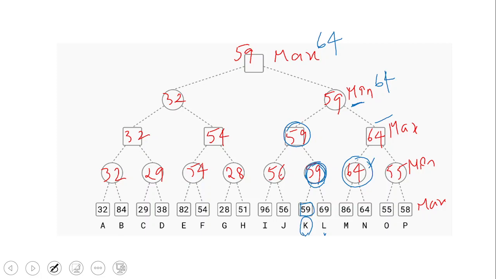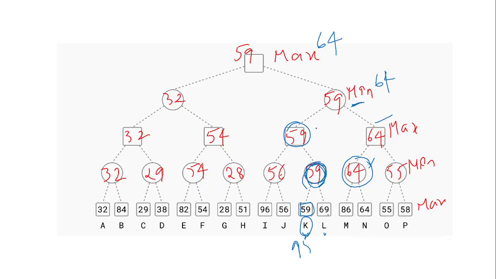If I change the K value, assume that I change it to some 95, greater than 64. This is the minimum, then it is 69, so it becomes the minimum value, 69.